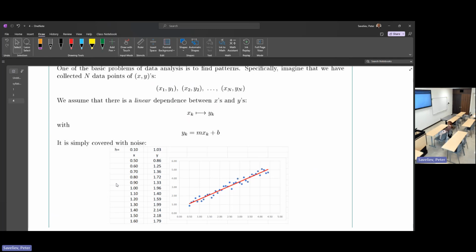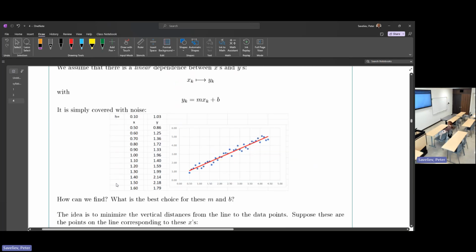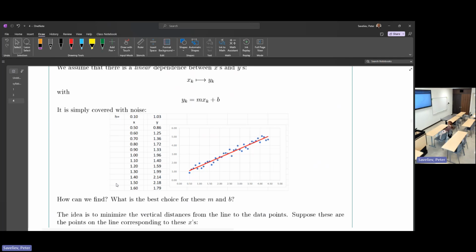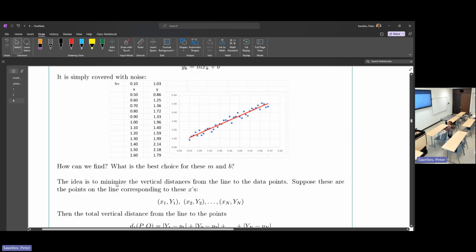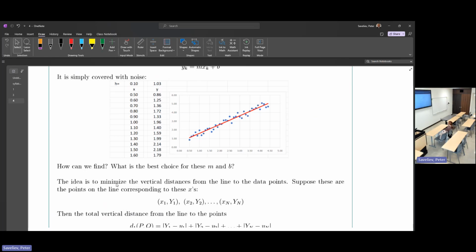But now, what is optimal? And the answer is in pretty much the same way as we have done before. So we imagine that these points actually lie in, maybe in this case, a 40 or 20 dimensional space. Can't quite tell how many. And then we compute the distance between those points and that line, and that is what we are trying to minimize.